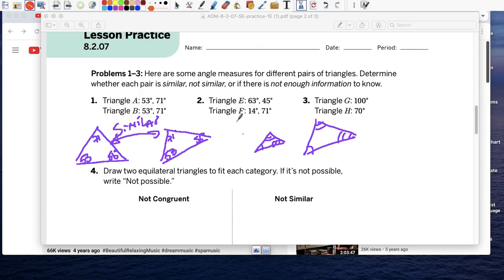Which means that however these were scaled up or down, I'm making these numbers up. So if that was a 4 and this was a 12, guess what? That scale factor of times 3 was applied to the other side. So if this was 5, this is 15. If this was 6, this is 18. All sides were multiplied by the same scale factor.